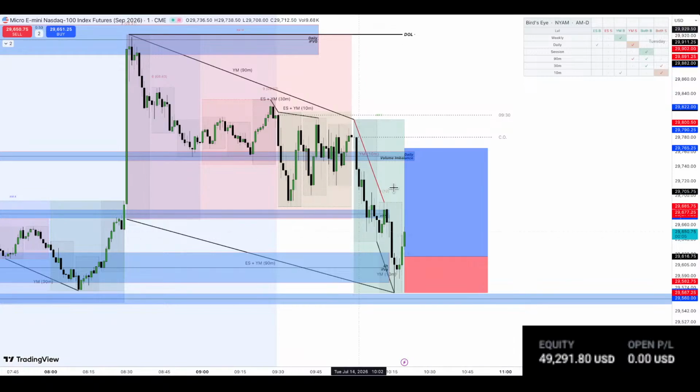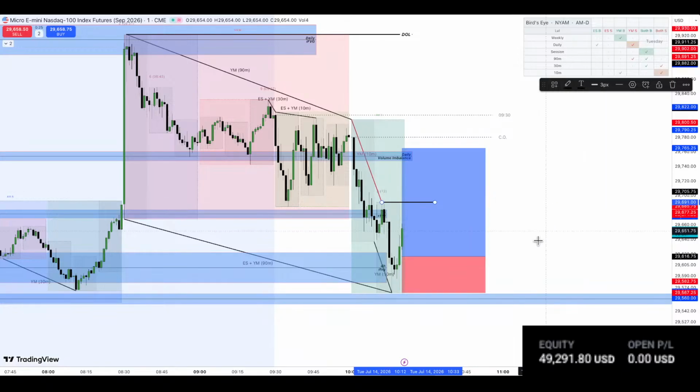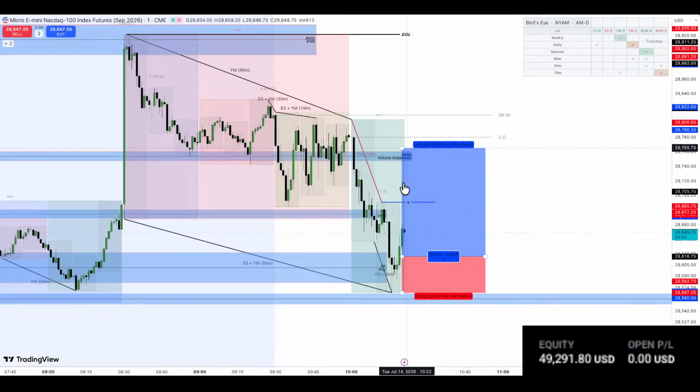I'm gonna have to wait for price to close above this high, and then just look for an entry above here. I can't risk that much. That would be against my rules. So I have to respect my rules.